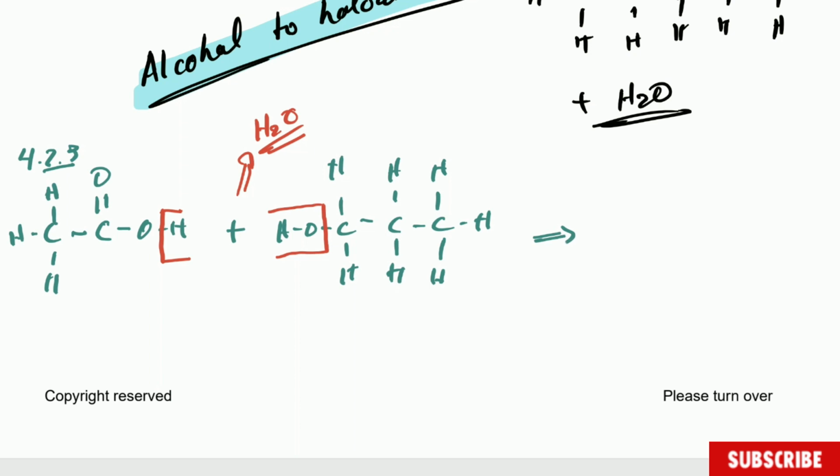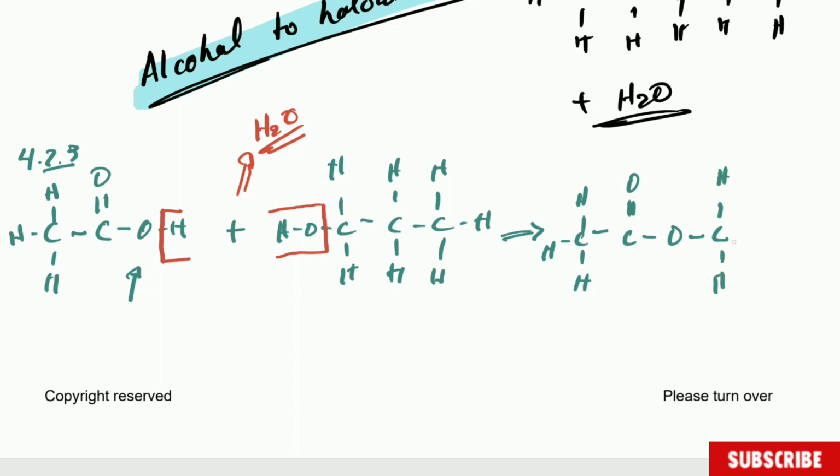Therefore, what do we have here? We have C with the 3 hydrogens. We have the carbon with a double bond and the oxygen. We have this O here that you can see, and then we go to the other carbon, and then the rest is as normal.